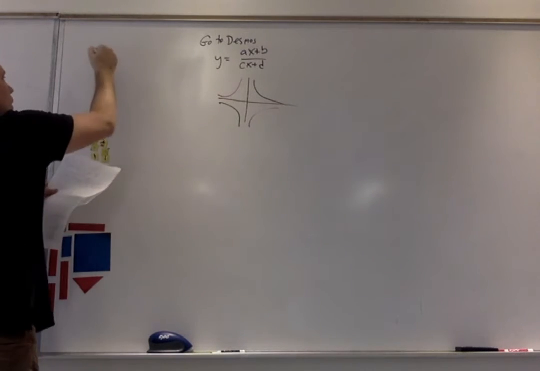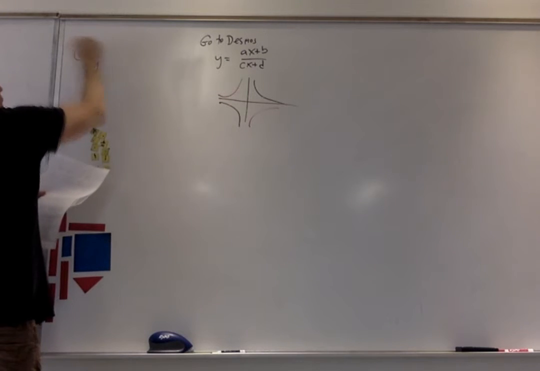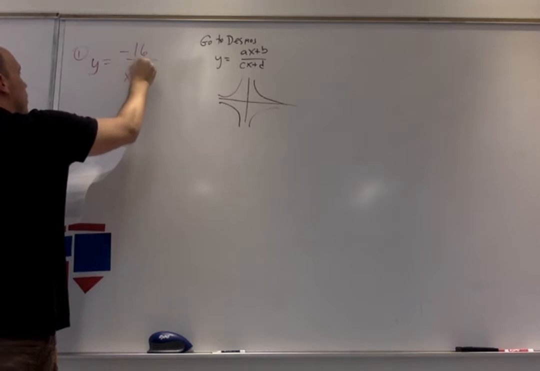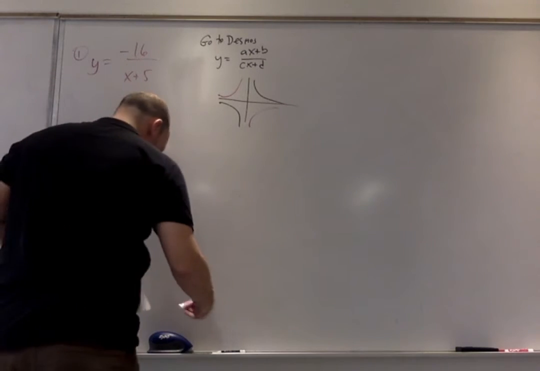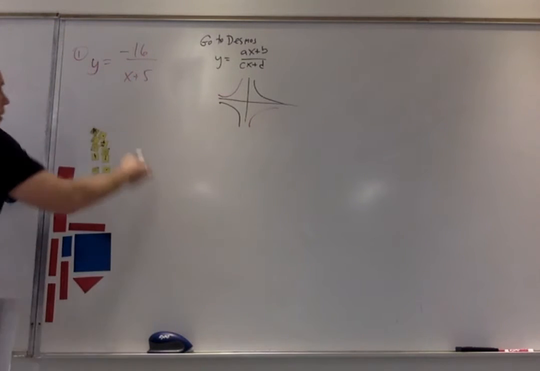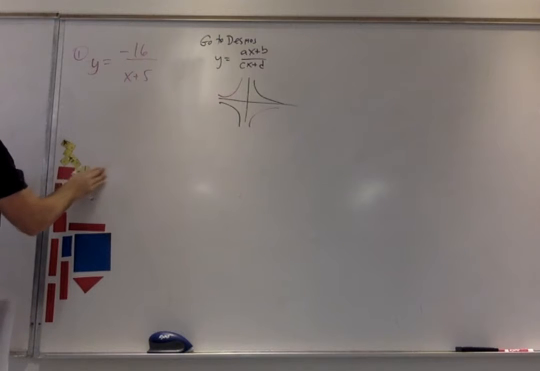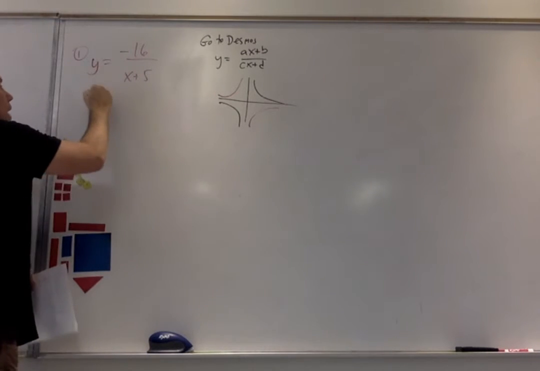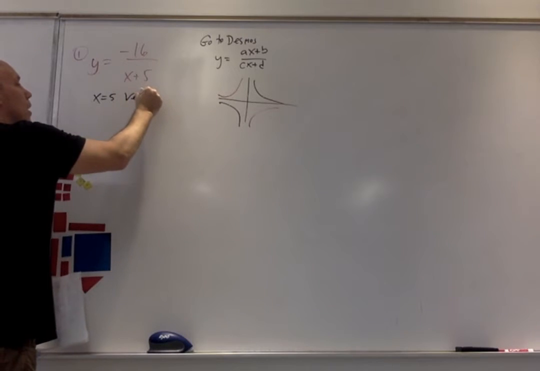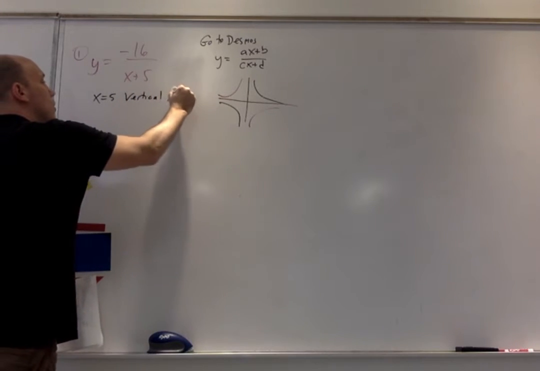Number one, y equals negative 16 over x plus 5. Okay. What's going on here? Well, we know that x equals 5 is a vertical asymptote.